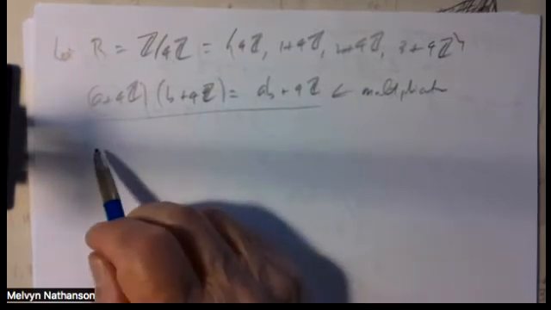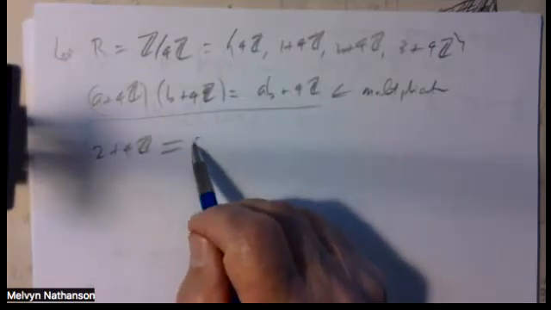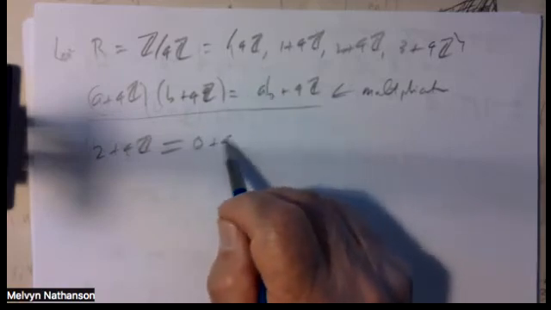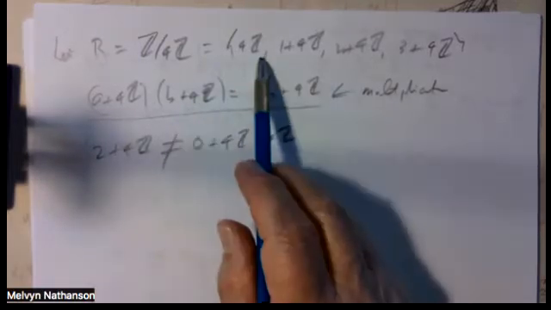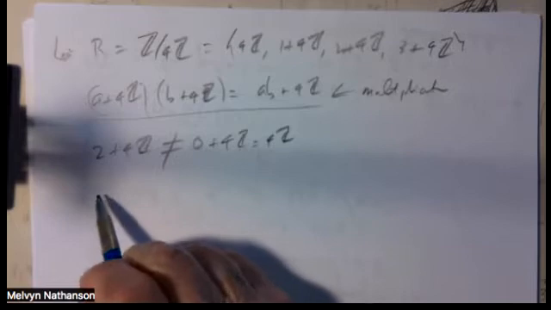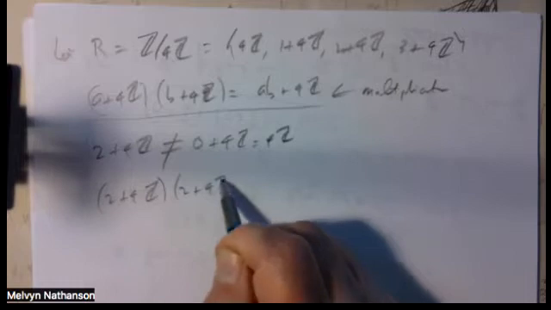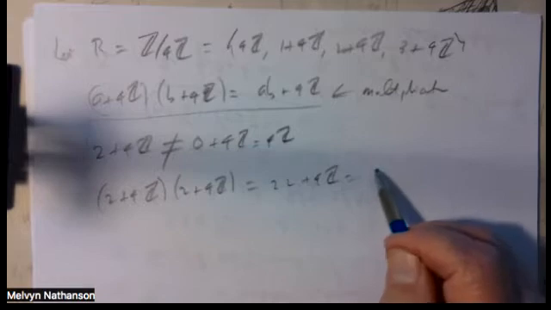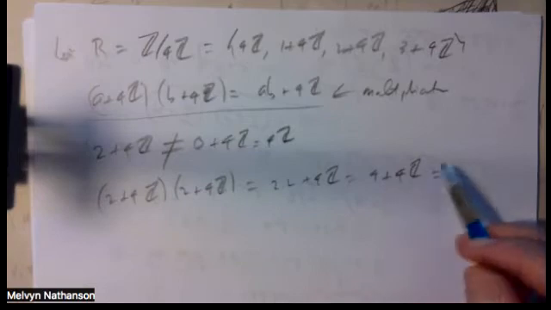And we notice in this case that, for example, 2 plus 4Z is not 0. The additive identity is 0 plus 4Z, or 4Z. So this is a non-zero element in this ring. But what happens if we multiply 2 plus 4Z by itself? We get 2 times 2 plus 4Z. 2 times 2 is 4, and 4 is 0 mod 4.